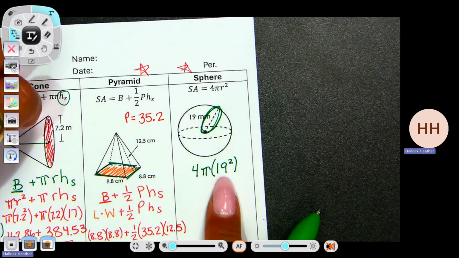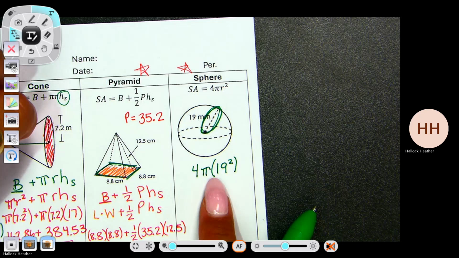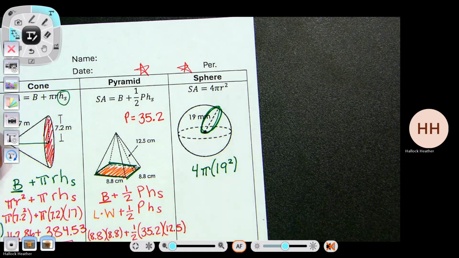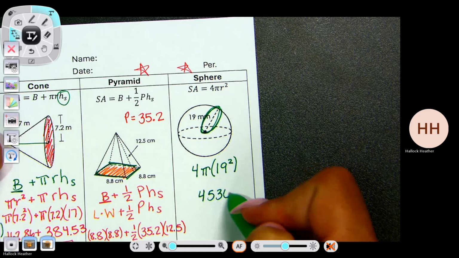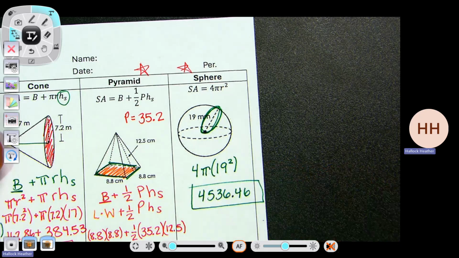The key with this is PEMDAS for life: exponents first, and you multiply. 1,536 points. Okay. Try your sphere at the bottom. Easy peasy.